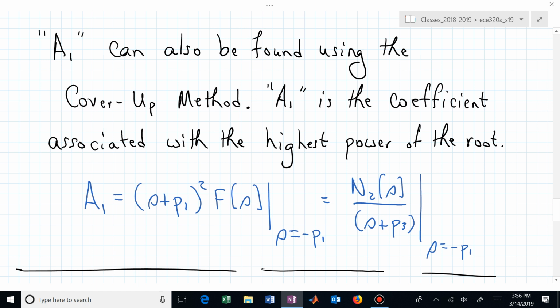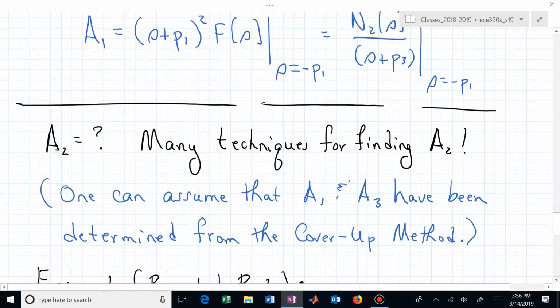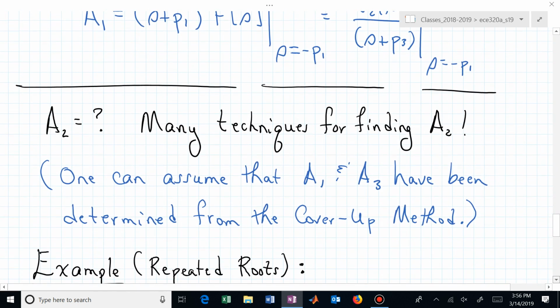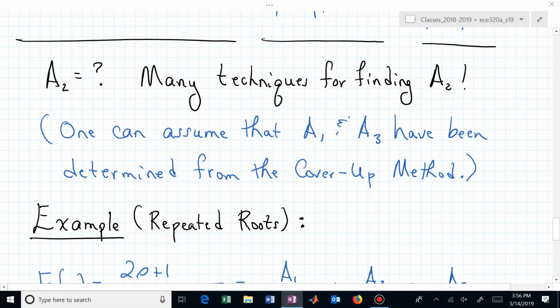That now leaves us with n sub 2 over s plus p sub 3, and we evaluate that at s equal to minus p sub 1, and that's what a sub 1 will equal. We now have a sub 1 and a sub 3 determined, and this is where we want to spend our time today: how do we now find a sub 2?